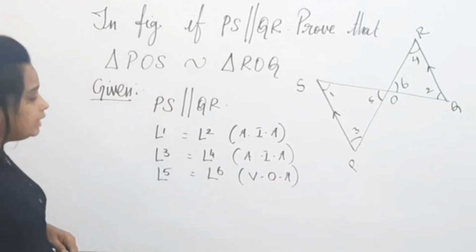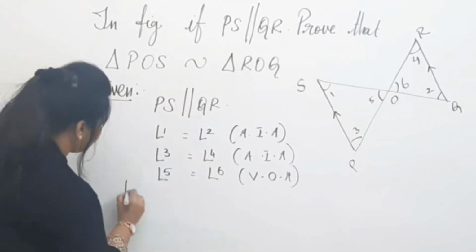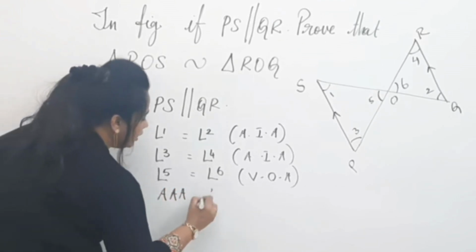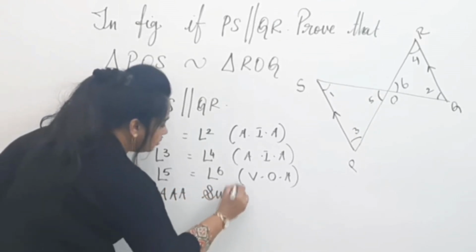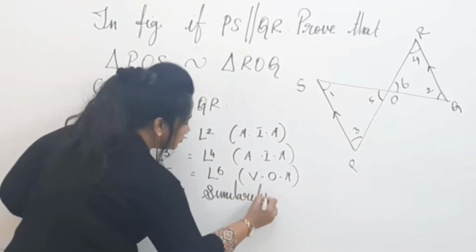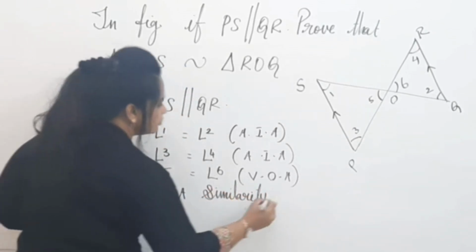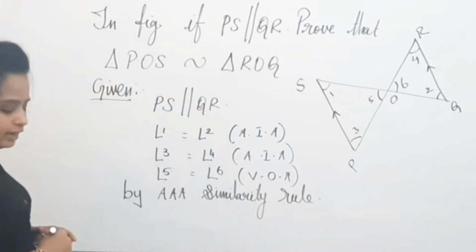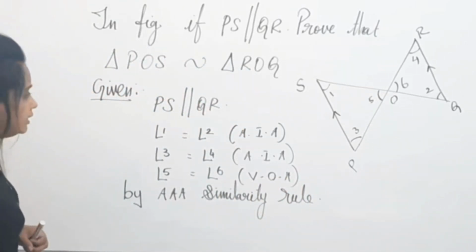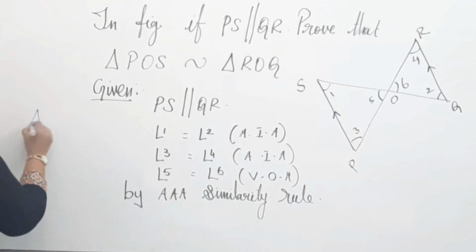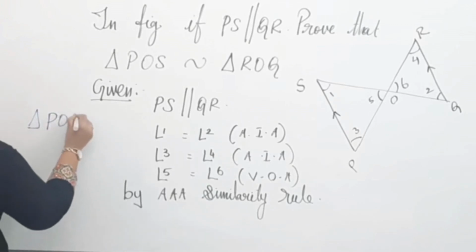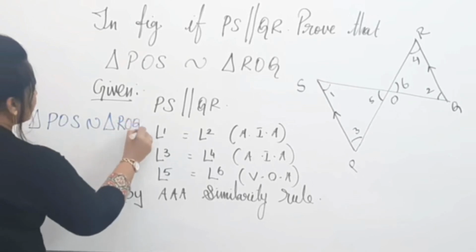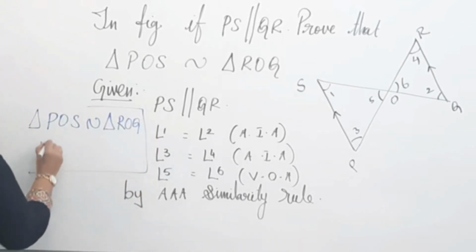So by the AAA similarity criterion, I can say triangle POS is similar to triangle ROQ. Hence proved.